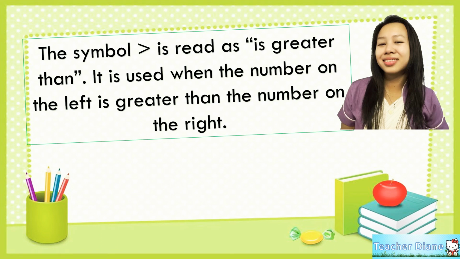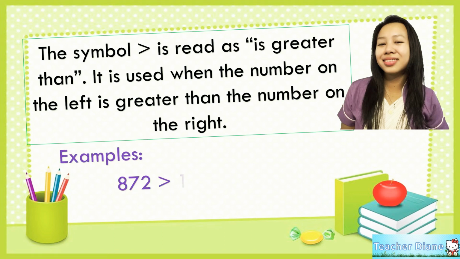The symbol is read as is greater than. It is used when the number on the left is greater than the number on the right. So in using the signs greater than and less than, the pointed part of the arrow points to the lesser number while the open part shows the greater number.